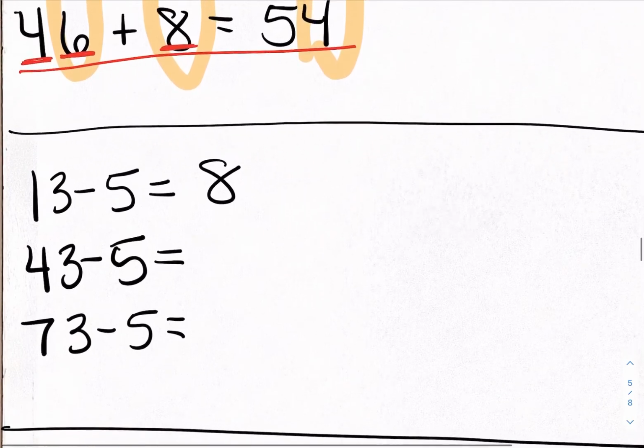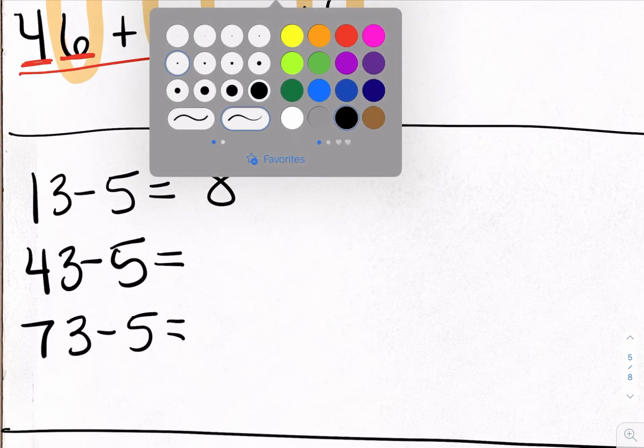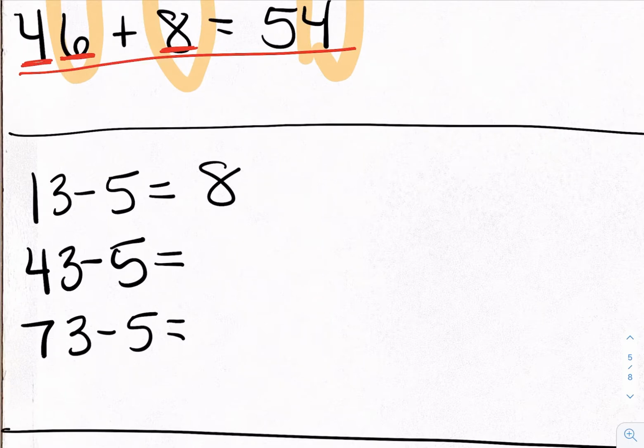Let's look at another one. If 13 minus 5 is 8, what would 43 minus 5 be? And if you notice here, this is 1 group of 10, this is 4 groups of 10. Notice again how all of them are subtracting 5 each time, and all of the first numbers have 3s in the ones place.